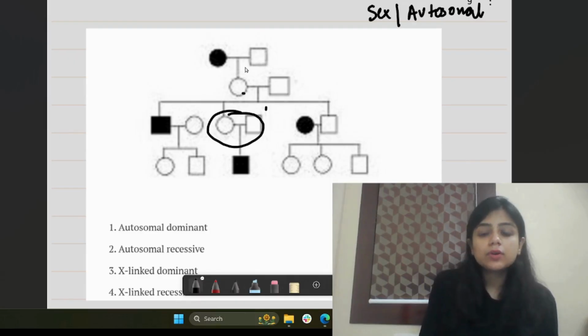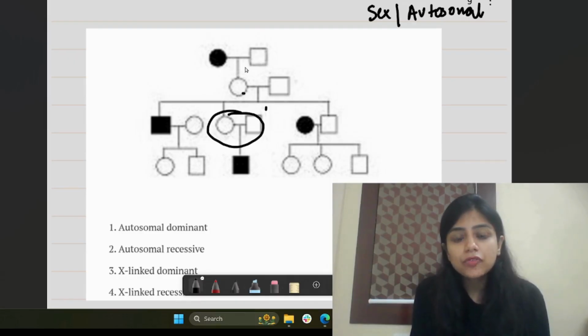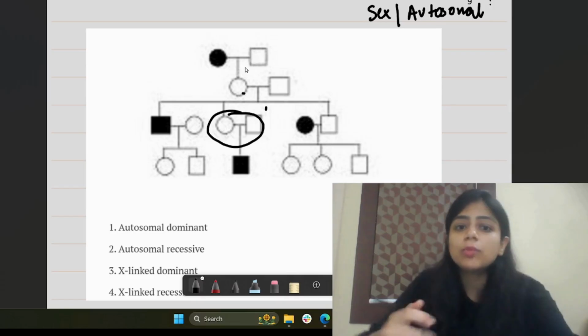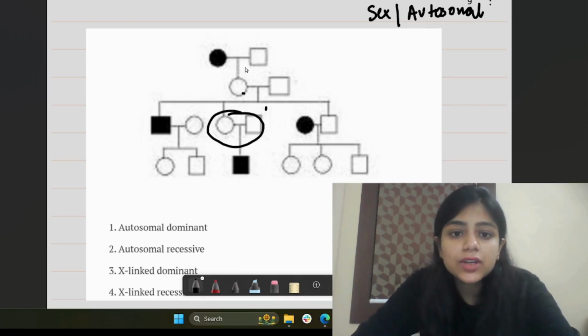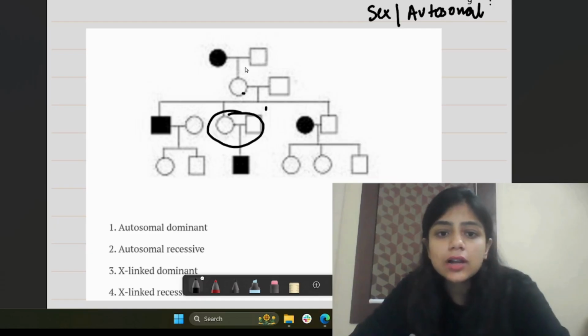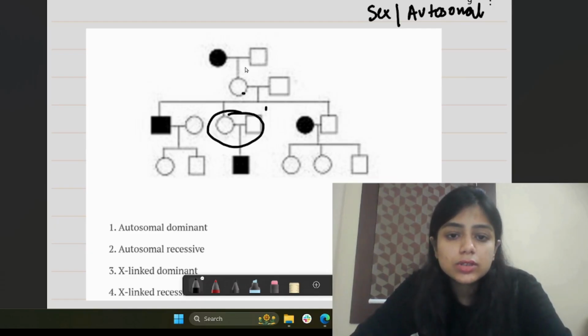Normal, okay, affected parent will not have a normal child. Here it is, normal parents will not have the affected child. It is autosomal recessive. Why? Because these are normal individuals. Normal parents will not have an affected child, right? The first thing is this.